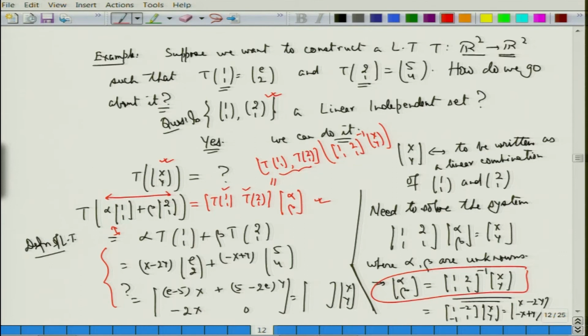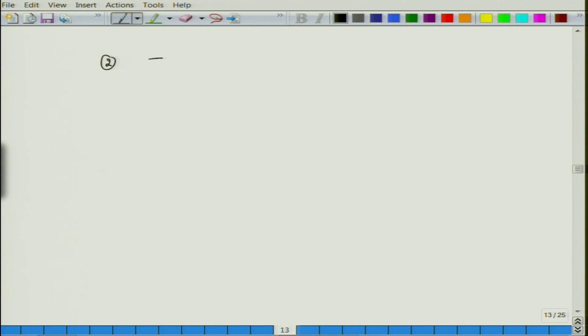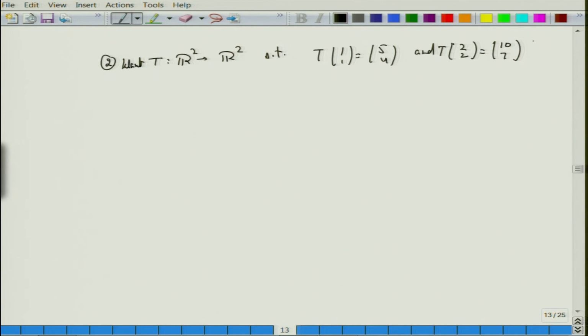Example 2. I want T from R2 to R2 such that T of (1,1) is (5,4) and T of (2,2) is (10,7). I want a linear transformation T with this property. First, the question you need to answer is: look at these domain vectors, are they linearly independent?